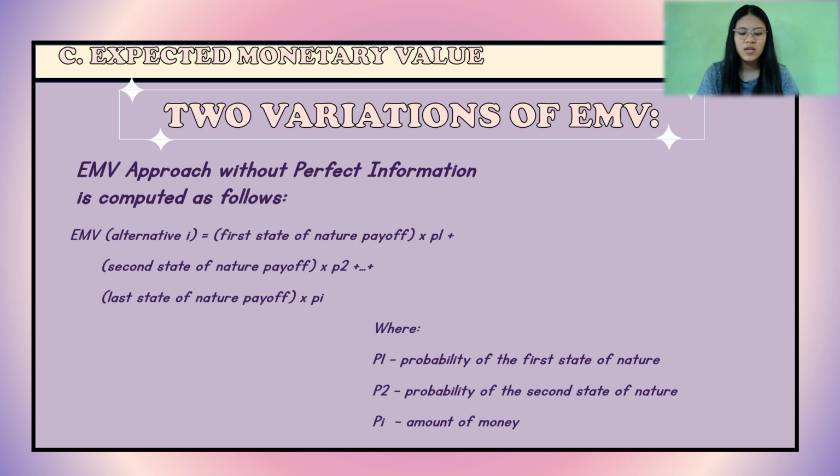Expected monetary value of an alternative equals the first state of nature payoff times the probability of the first state of nature, plus the second state of nature payoff times the probability of the second state of nature, plus the last state of nature payoff times its probability.